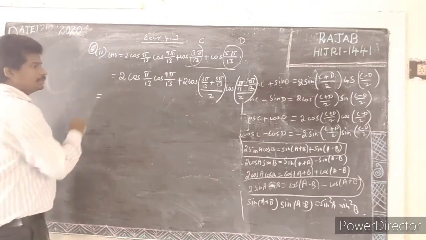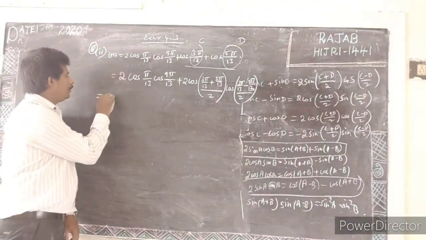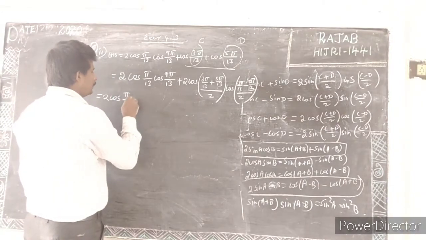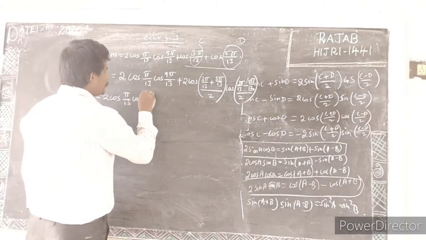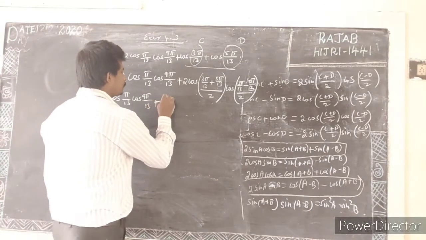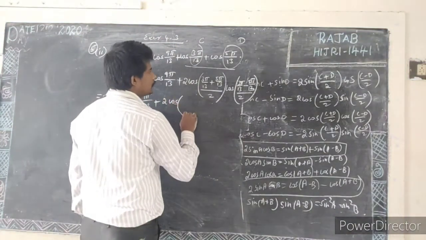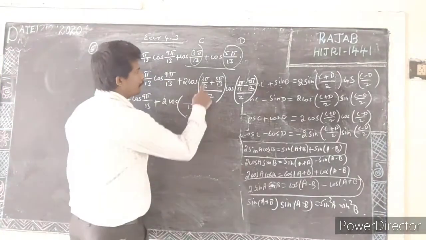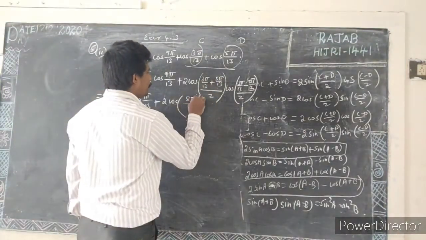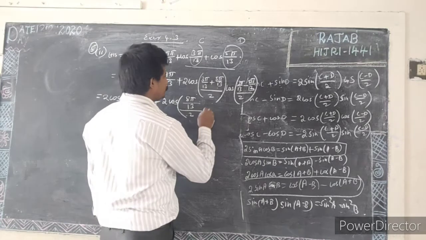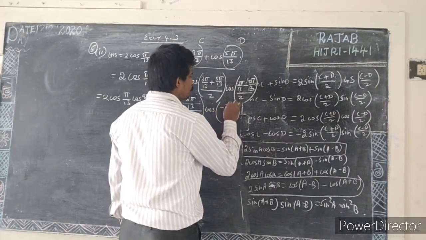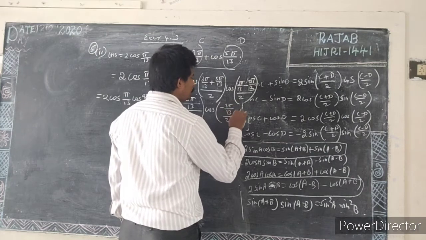Now this is equal to 2 cos pi by 13 cos 9 pi by 13 plus 2 cos, here we are having the denominator as 13, so 8 pi by 2 into cos minus 2 pi by 13 by 2.